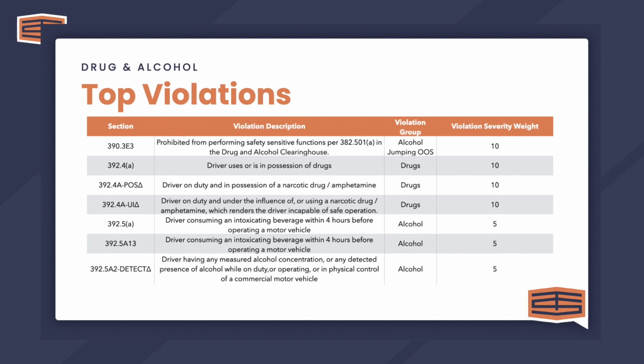So the Clearinghouse is now filtering into the safety measurement system, along with the other things discovered during roadside inspections, like possession of drugs, possession of alcohol, and the DUI type violations. Those are far and away the most common violations impacting your drug and alcohol basic. Anything to add, guys, before we move on?